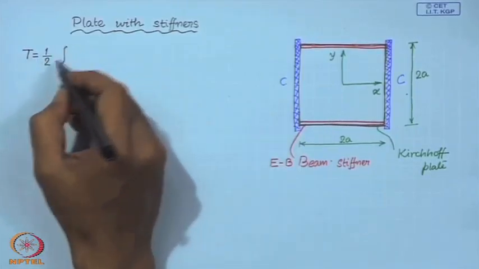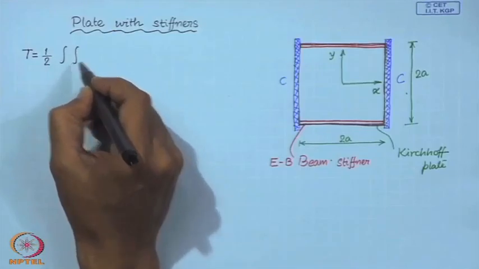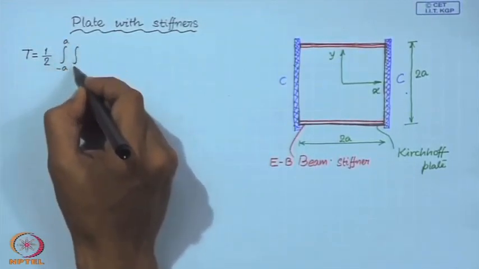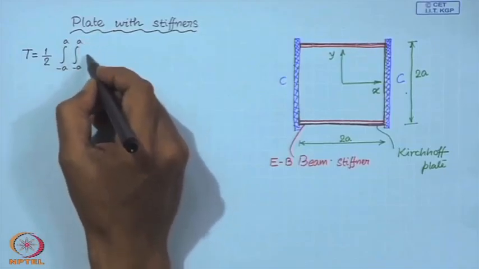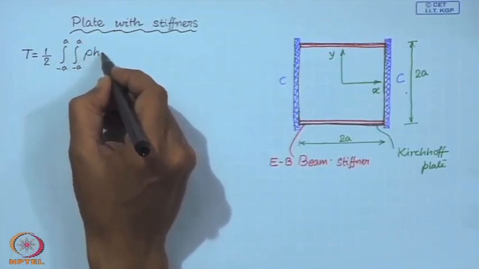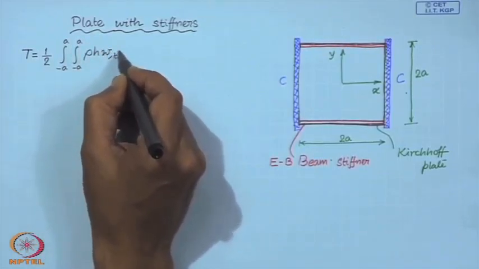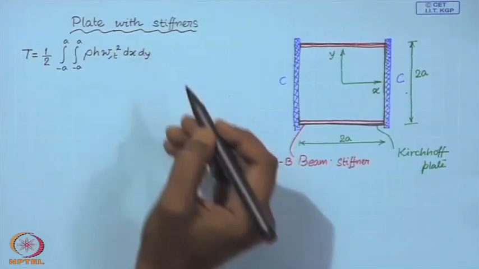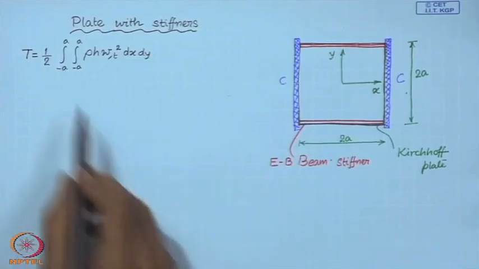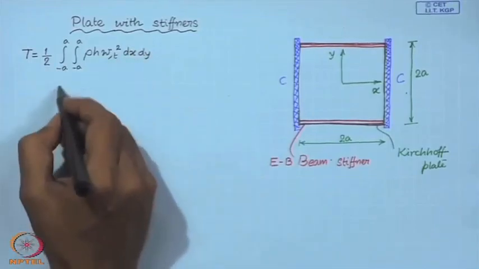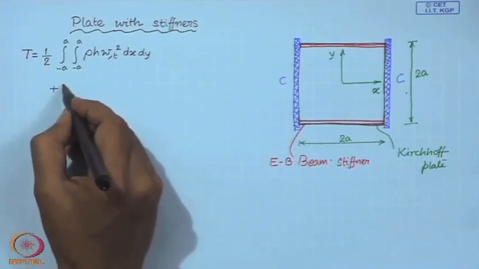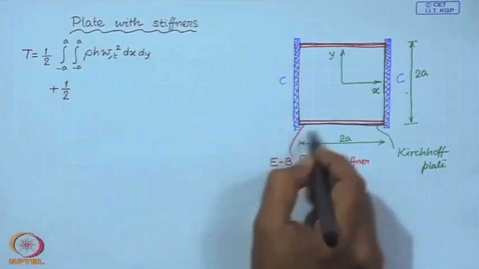So, the kinetic energy of the plate is given by this, and along with this we have two beams on these two edges.